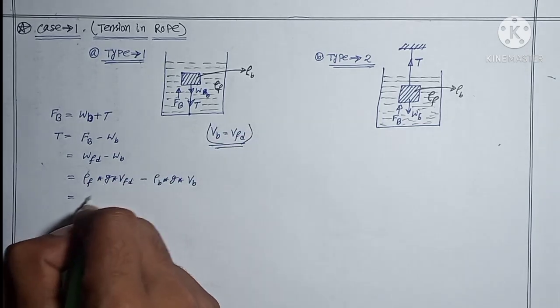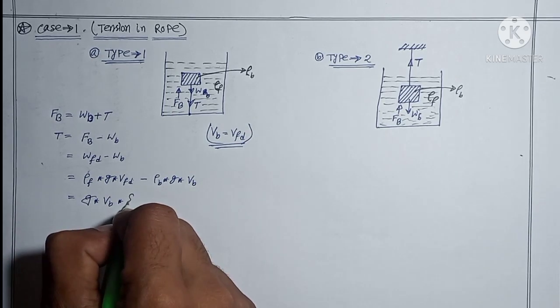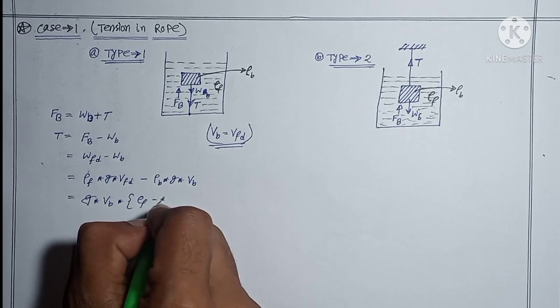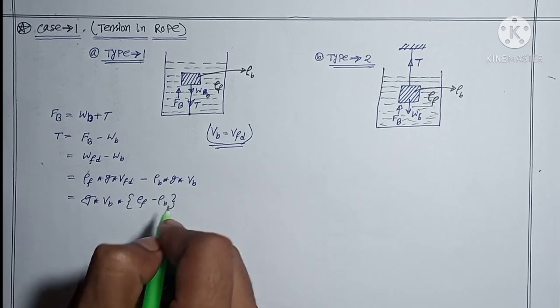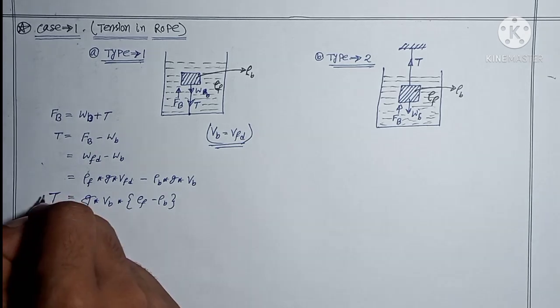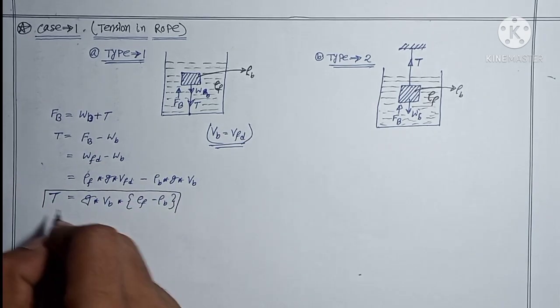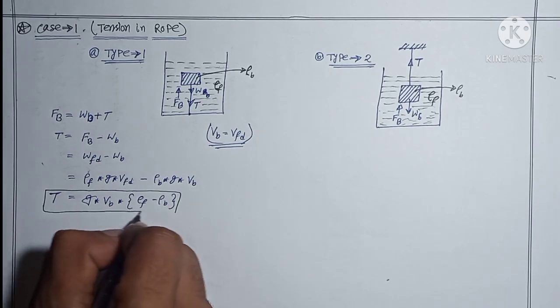Am I right? So we can take g and volume of body common, giving rho of fluid minus rho of body. This is the formula to find the tension when the rope is attached at the bottom of the tank.